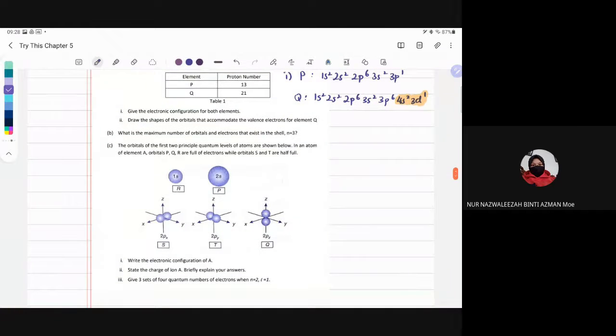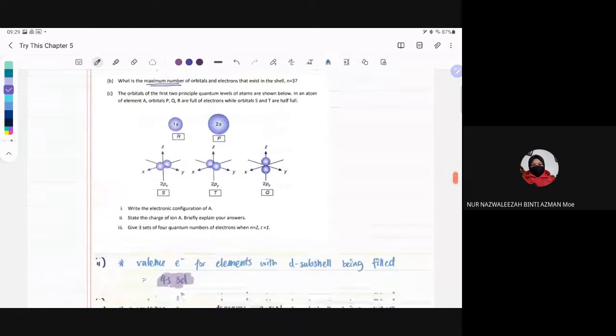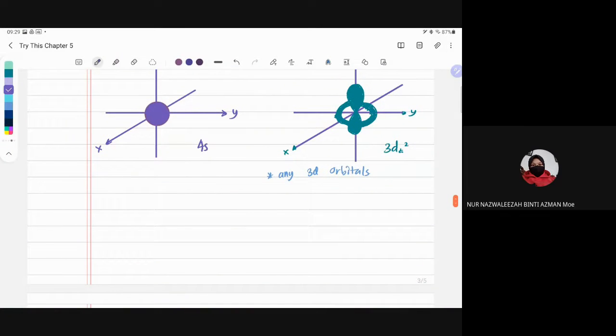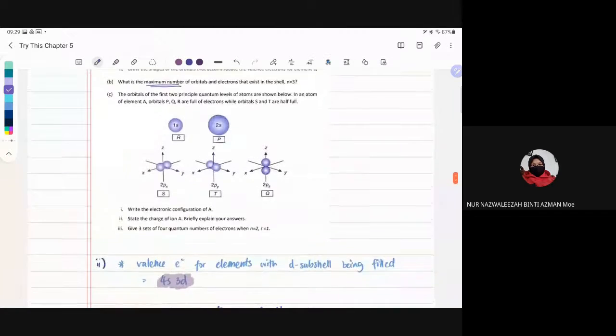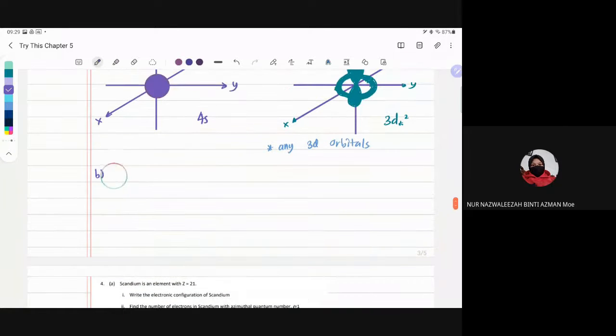So now the next question is B. What is the maximum number of orbitals and electrons that exist in the shell N3? Dia tanya maximum number yang boleh exist. So, yang ni saya ada ajar buat formula tu, 3B. Kalau kita nak cari maximum orbital, max orbitals sama dengan N square.